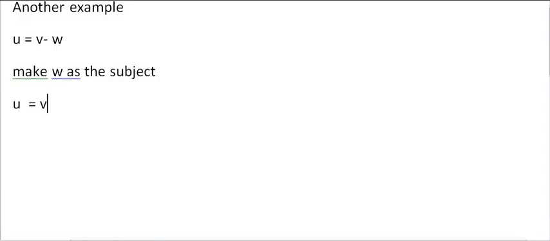As v is positive, you will subtract v from this. Because you have subtracted v on the right hand side, you subtract v from the left to balance this equation, which means you will get u minus v.